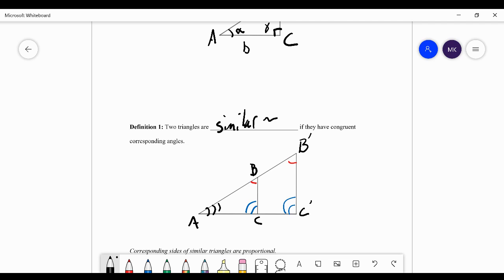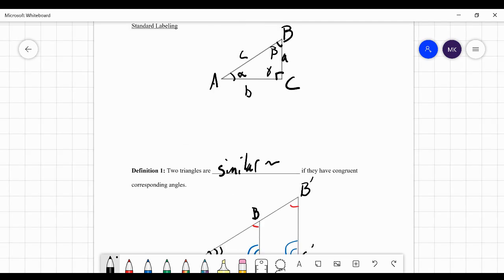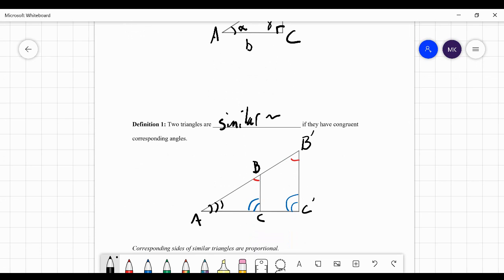I didn't label those as alpha, beta, and gamma; I'm just referring back to our standard labeling. And what's really cool with this is we can get proportionality with these side lengths, and we can get these proportional ratios that can really help us out. Now, I just want to give a real quick symbol notation.